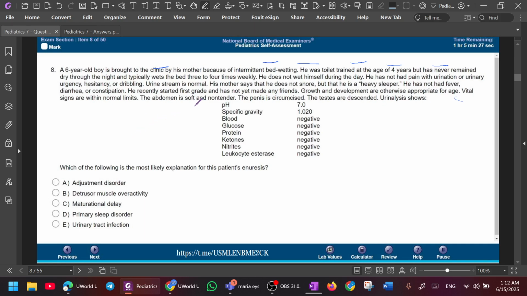Vital signs are within normal limits. Abdomen is soft and non-tender. The penis is circumcised. The testes are descended. Urine pH is 7, specific gravity 1.020. Glucose, protein, blood, ketones, and nitrites are all negative. Which of the following is the most likely explanation of this patient's enuresis?